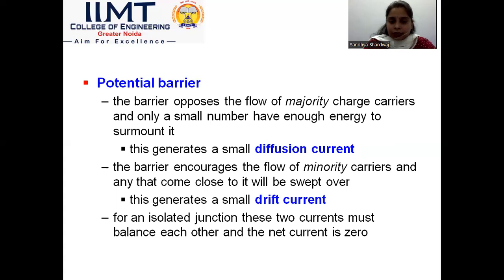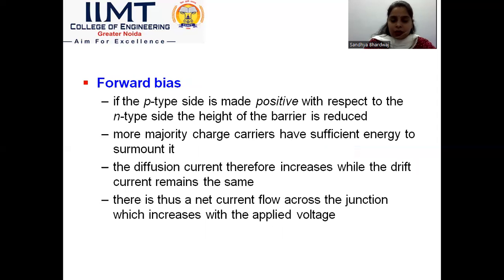For an isolated junction, these two currents must balance each other, so the net current is 0. If we are talking about forward bias, if the p-type side, meaning holes, is made positive with respect to the n-type side, meaning electrons, the height of the barrier is reduced.